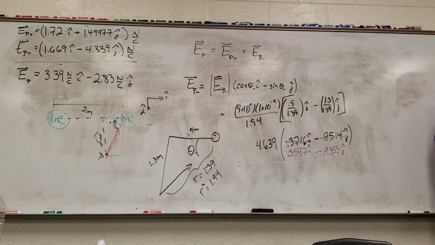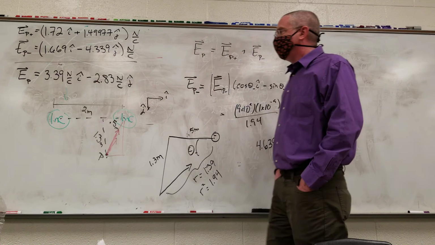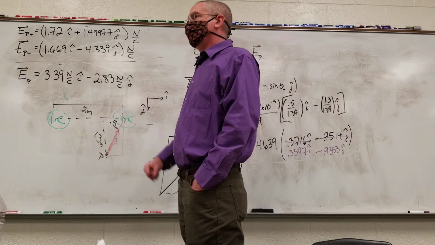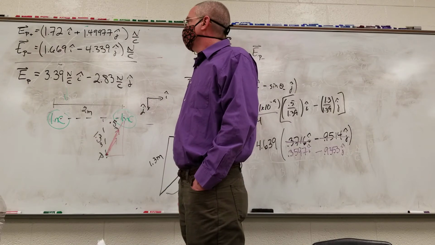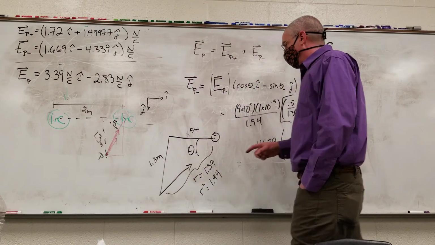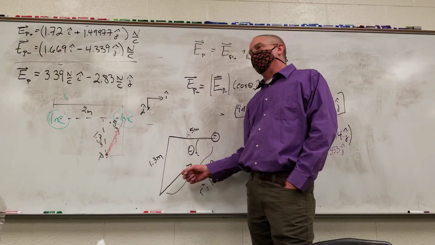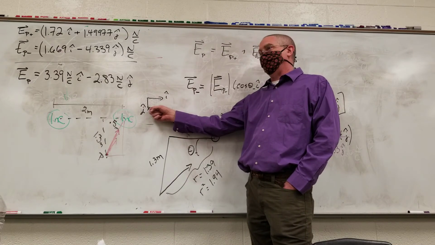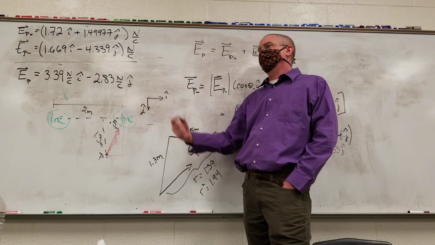I have a question. Yeah, Daniel. For the negative, why did we do cosine minus sine? Because I know that it's going up and to the right. Okay. We said that to the right was positive, and we said down was positive, and therefore up was negative.